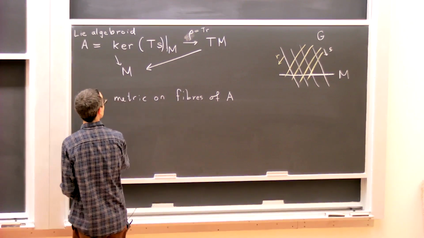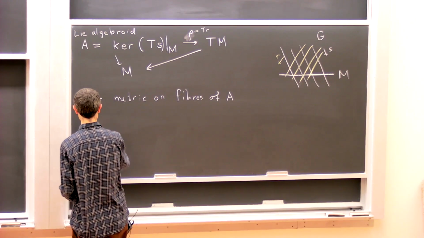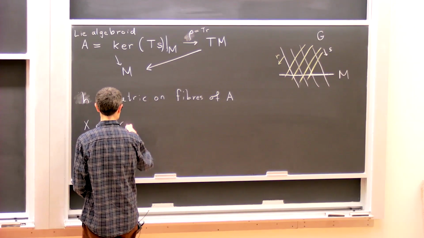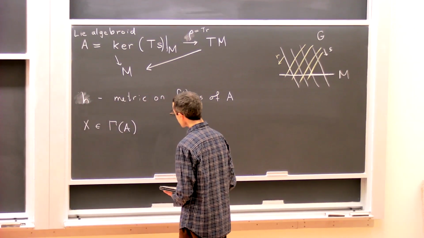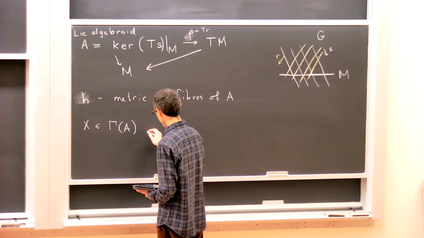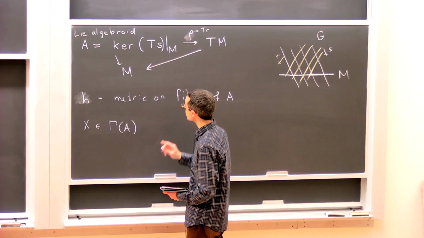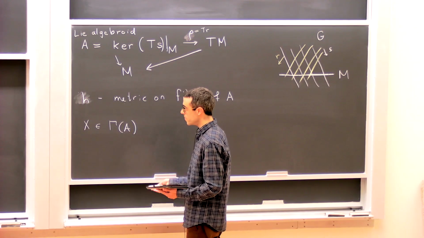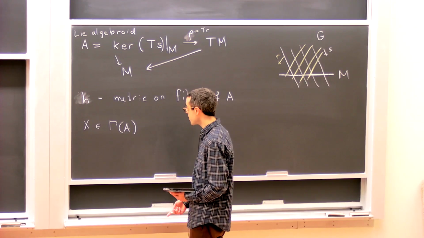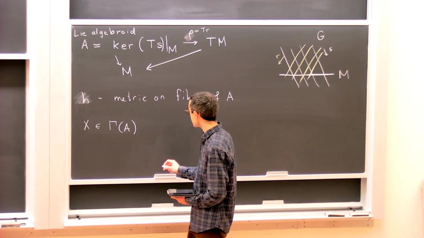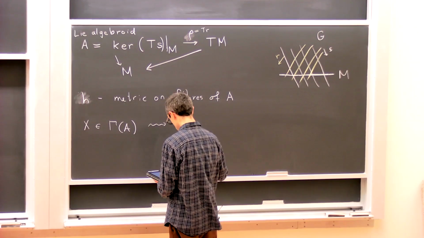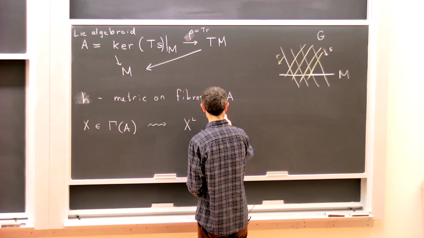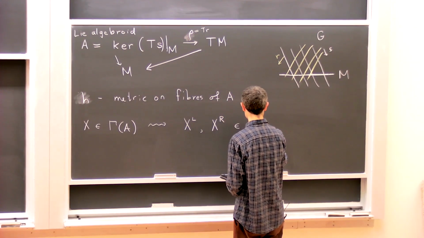Another thing I should mention is that if X is a smooth section of A, that gives you, just like in the Lie group setting, where an element of the Lie algebra would give you both a left and a right invariant vector field, so likewise, if you have a section of your Lie algebroid, you get both a left and a right invariant vector field on the groupoid.